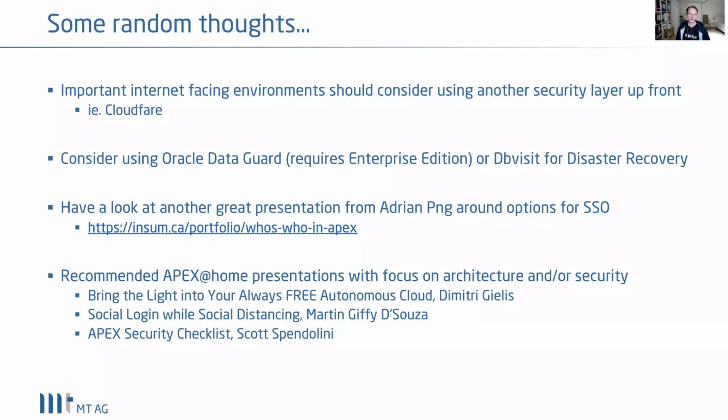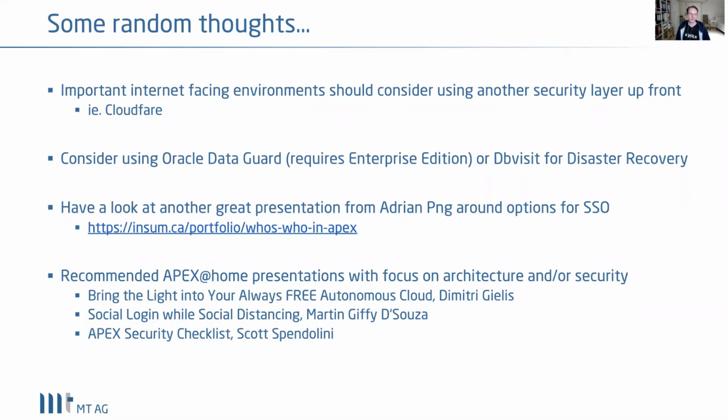And regarding the Apex at Home presentations, there are a few more I would like to recommend. Of course, Dimitri Gielis already gave his talk about Bring the Light in Your Always Free Autonomous Cloud, but it will be available as a recording, so have a look at that.